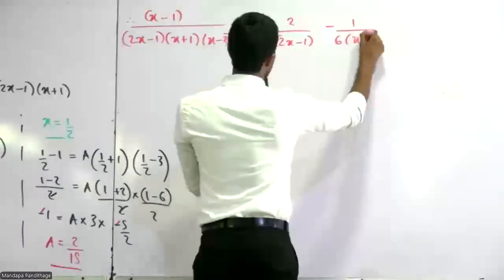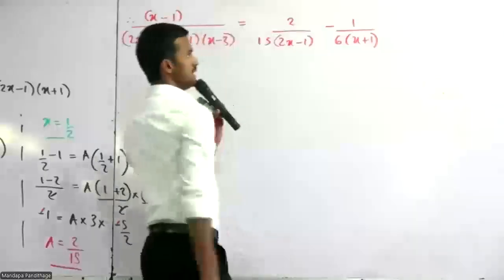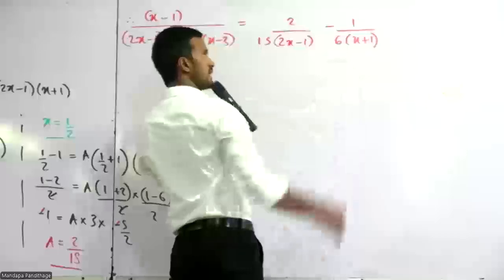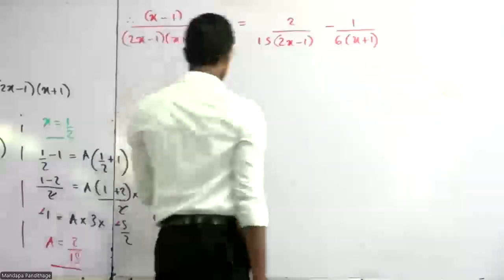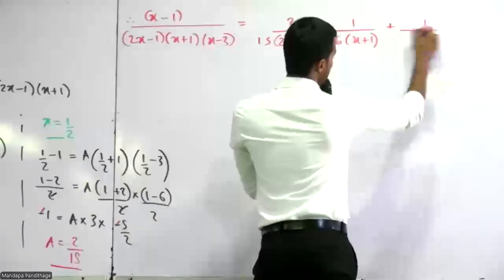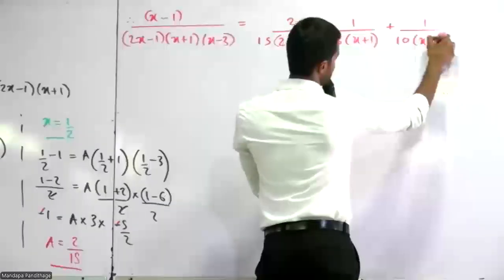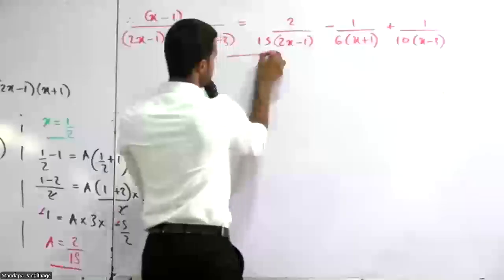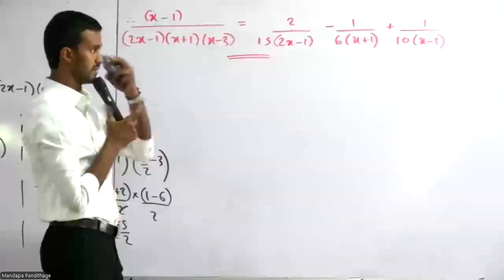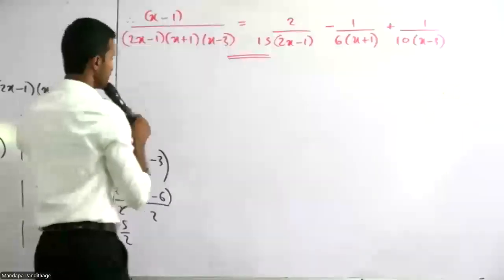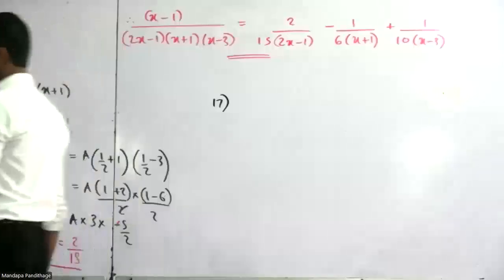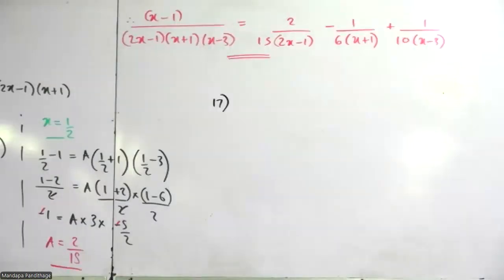Rather than putting minus 1 over 6 and taking 6 down, if you can directly write it, it's really good. And C is 1 over 10, so 10 comes down, 1 over 10 times (x minus 3). If you can write your final answer directly in this way, that's really good. But always keep in mind, do your simplification according to your level, not my level or your friend's level, according to your level.